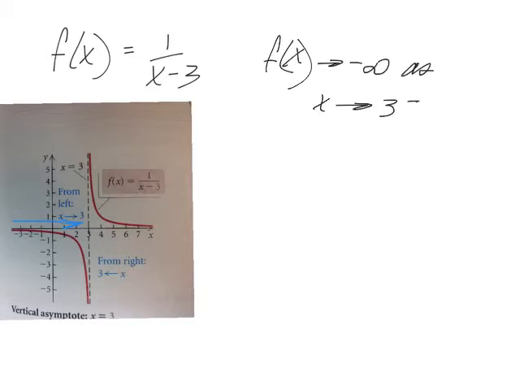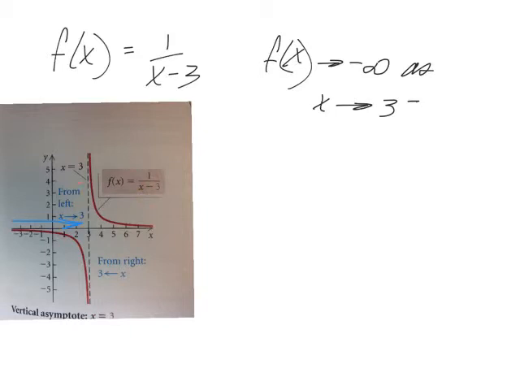What that says is, my y value, this value right here, up and down, will approach negative infinity, see how it's going more and more into negative, as x approaches 3 from the negative direction. So as x gets closer and closer to 3 from the negative direction, the left-hand side, my y value becomes more and more negative, all the way to infinity.